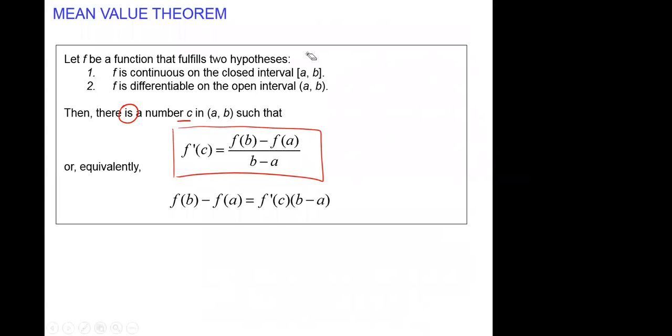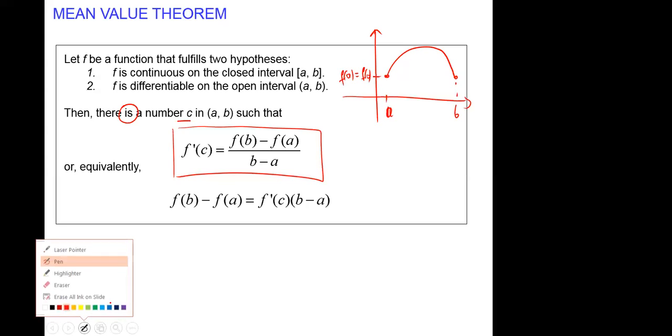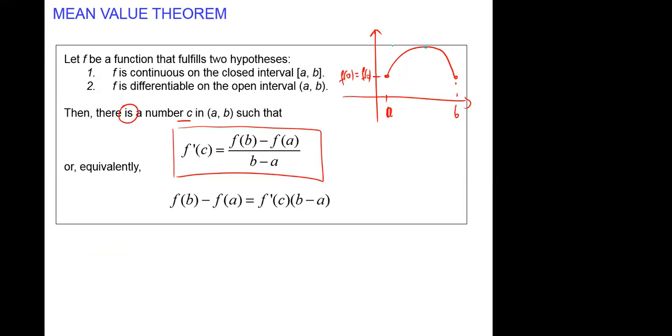Because let's look at this. When we have the same values, f(a) equals f(b), that's Rolle's theorem. Then I can definitely find my point c with the horizontal tangent.